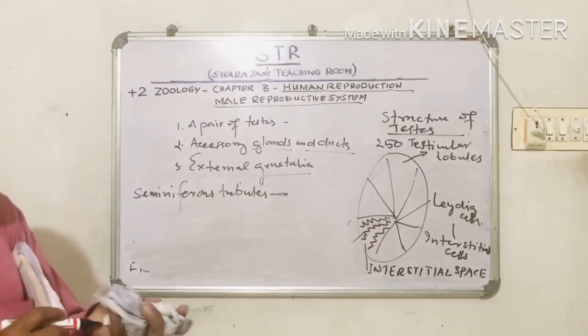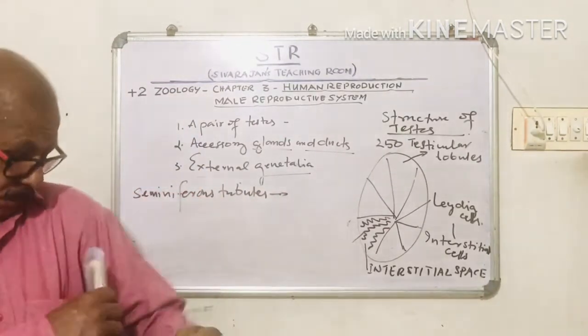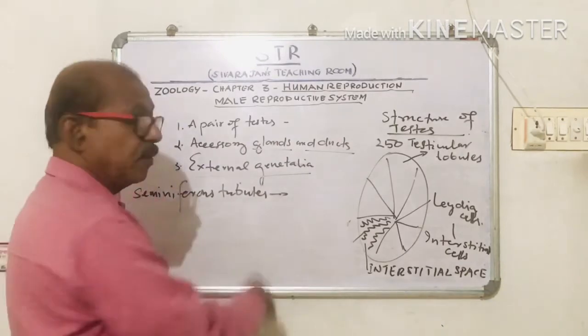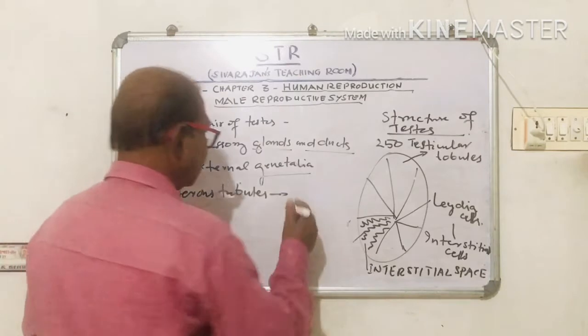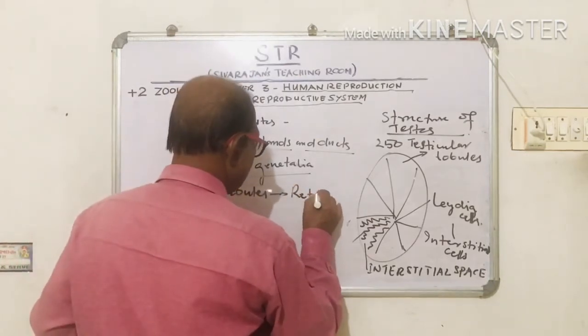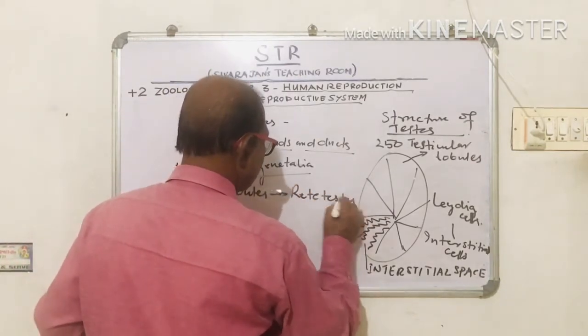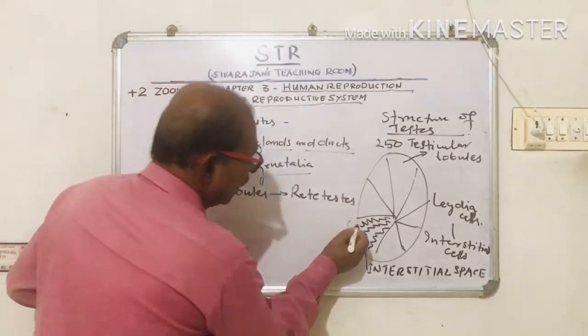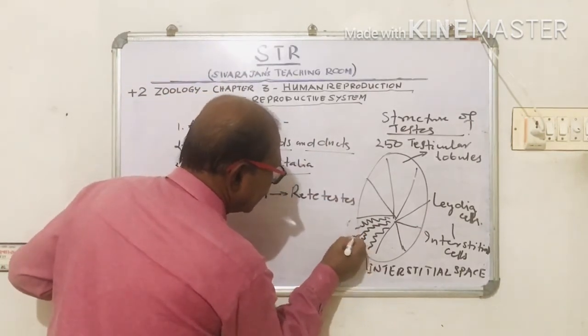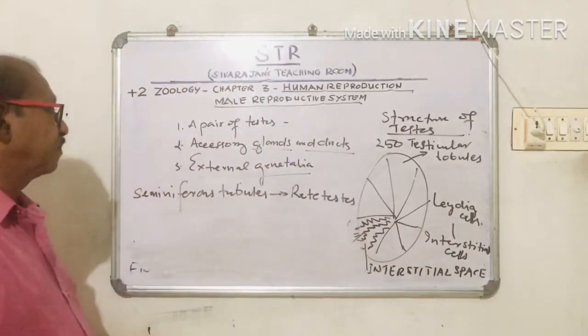The seminiferous tubules open into a small tube called the rete testis. So, see, these may be the rete testis, small tubes.